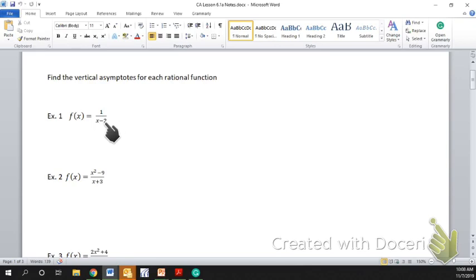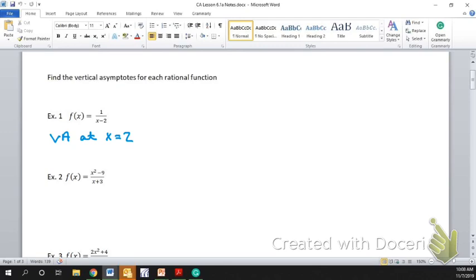If I set this equal to 0 and solve, basically I'm asking what will make my denominator come out to be 0. 2. So that means I have a vertical asymptote at 2. I have a vertical asymptote at x equals 2, because that's what makes my denominator 0.